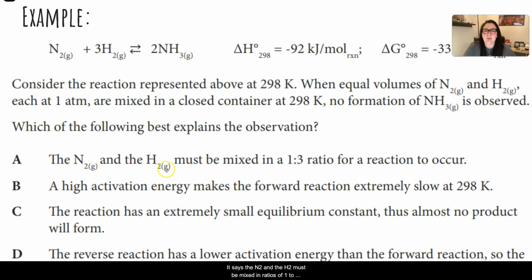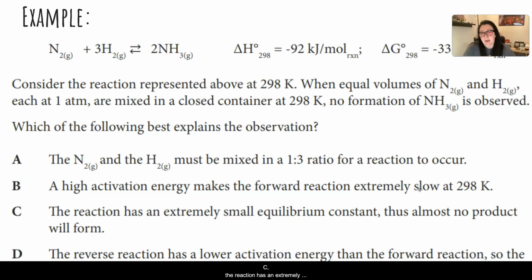A, the N2 and the H2 must be mixed in ratios of 1:3 for the reaction to occur. No, they don't need to be mixed in 1:3. That's the ratio in which they will react, but they don't have to be mixed in those ratios, so no. B, a high activation energy makes the forward reaction extremely slow at 298 Kelvin. Okay, that sounds pretty darn good to me, but I'm going to see what the others say real quick.